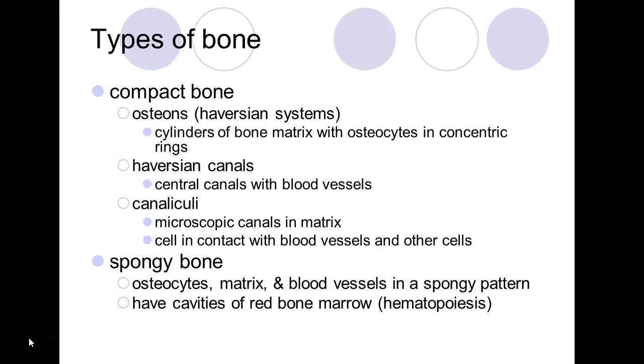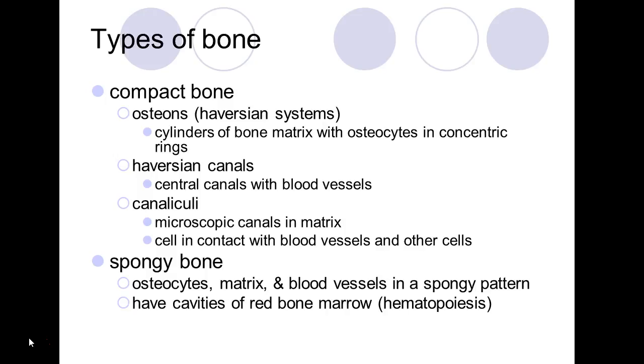Types of bones. There are 2 types, compact and spongy. Compact bone is highly organized, and it's organized in cylinders called osteons. These are like concentric rings of the matrix, and then it has the osteocytes in between it. Another name is the Haversian system.